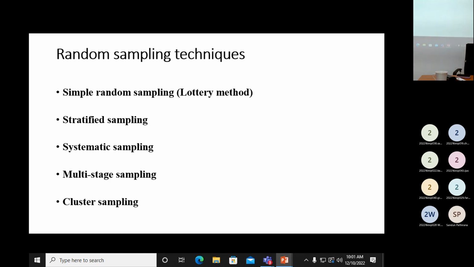Second advantage: as we select all the items, no need to consider the sample frame.